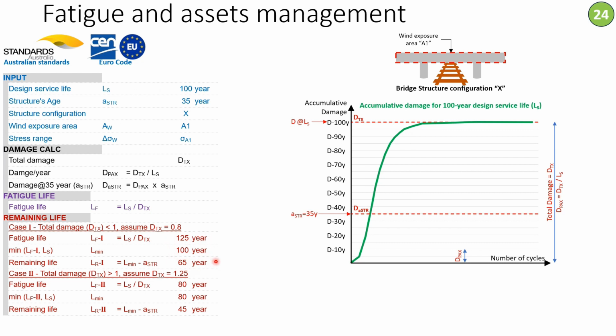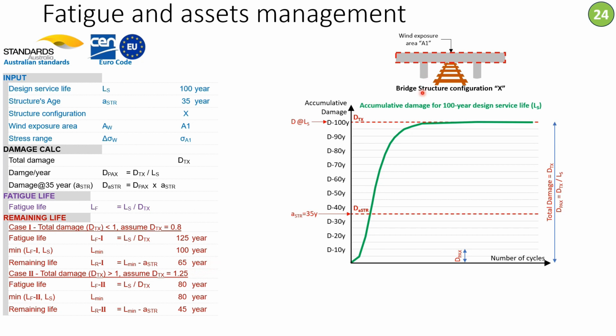Meaning that the remaining useful life for our existing bridge is the minimum of the fatigue life or the service life, minus the age of the structure. So 100 years minus 35 years gives you 65 years remaining service life.